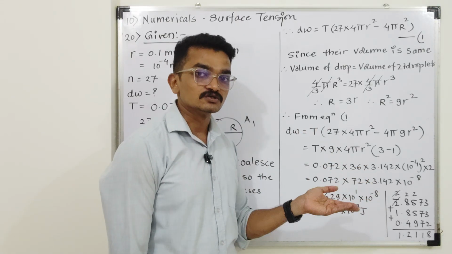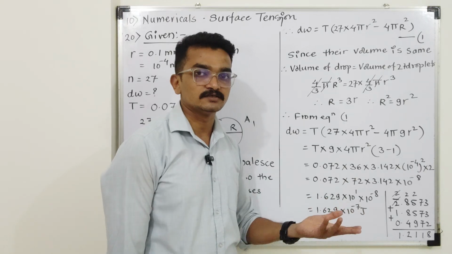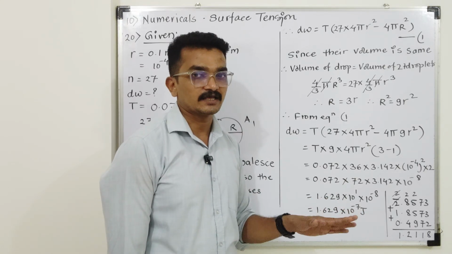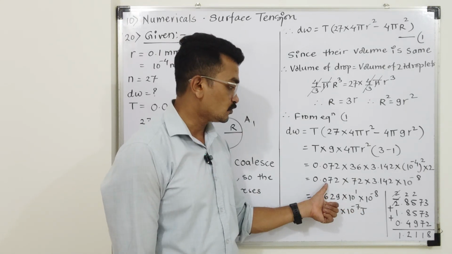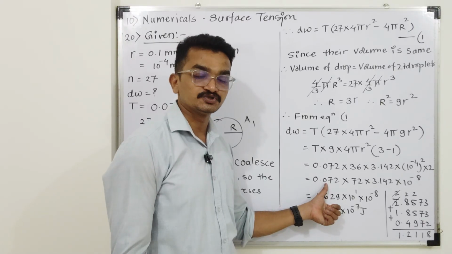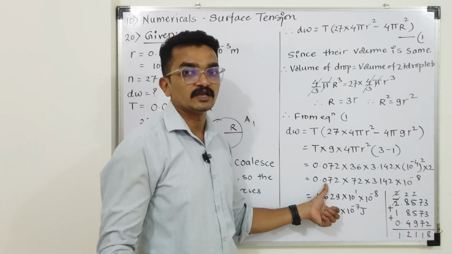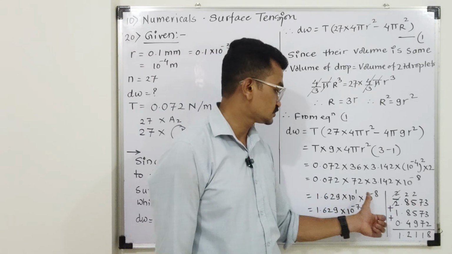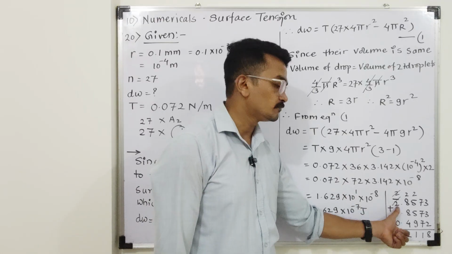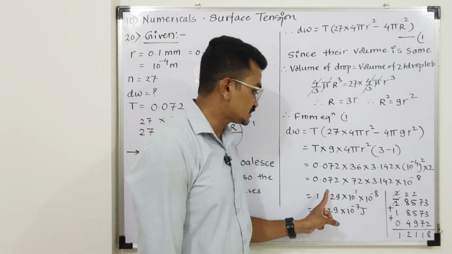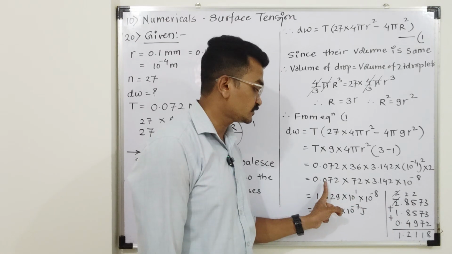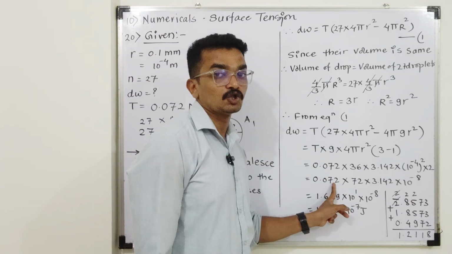Similarly, in log you have to do the same. To find the characteristic in log there are two methods. Either count the zeros and subtract 1 from that; this is 1 zero, that is minus 1, therefore minus 2, so the characteristic of 0.072 is bar 2. Or you can shift the decimal point after the first non-zero number.